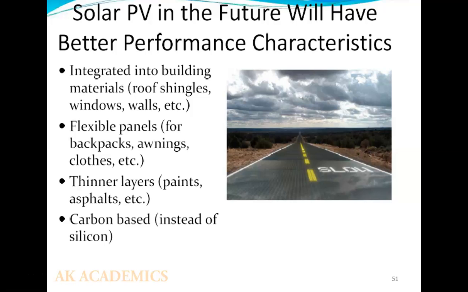All of these are important features of what we expect to see in the future, and the future is already now. Most of these technologies are already available. Most of the PVs we have studied are silicon-based. In the future, there's a possibility to have carbon-based PVs.